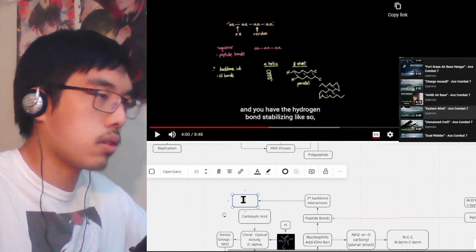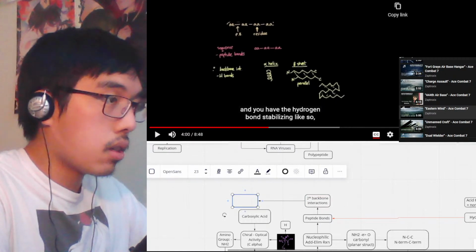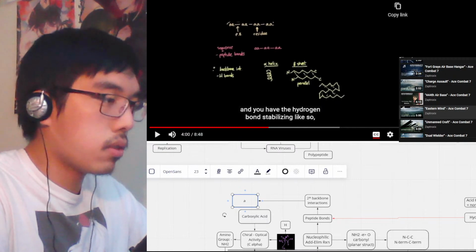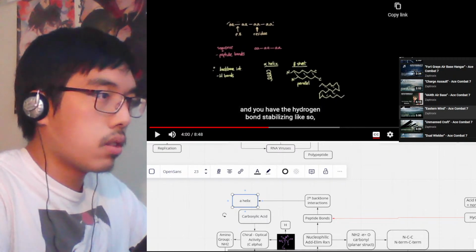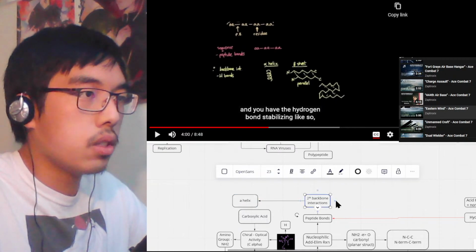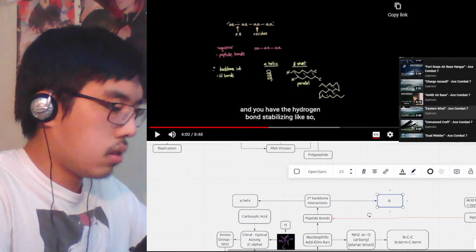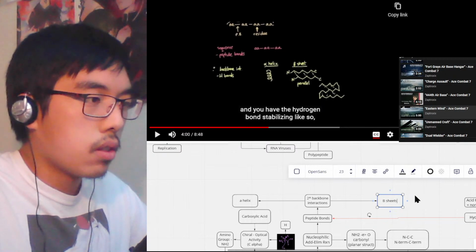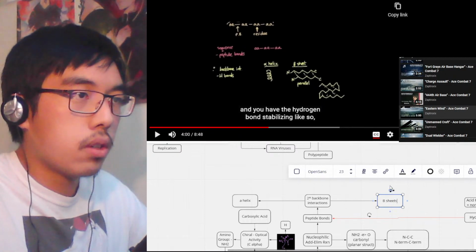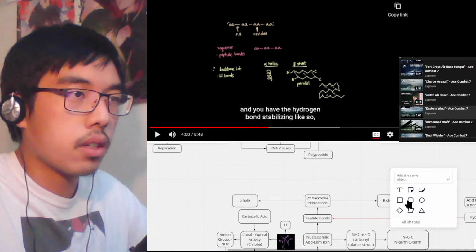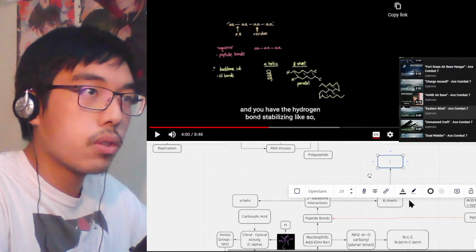But my alpha helices and alpha helix and beta sheets. And then furthermore, you can get parallel and anti-parallel beta sheets.